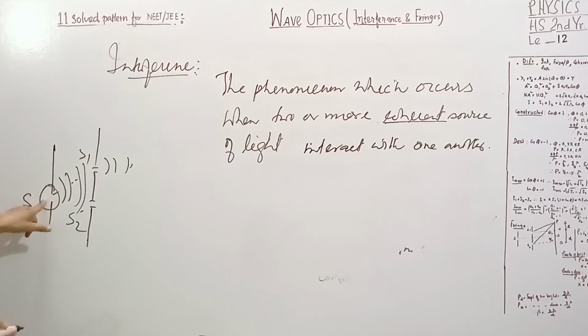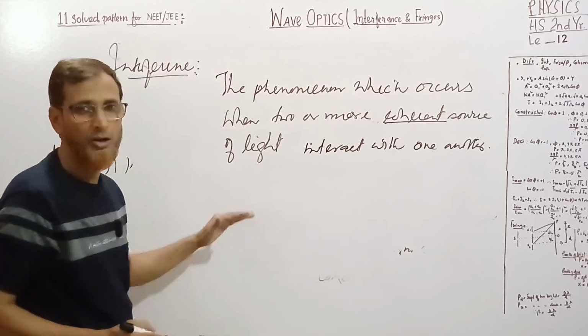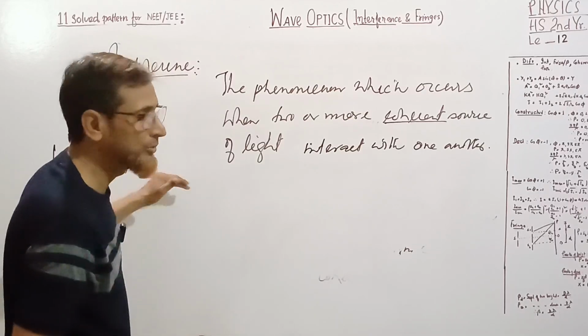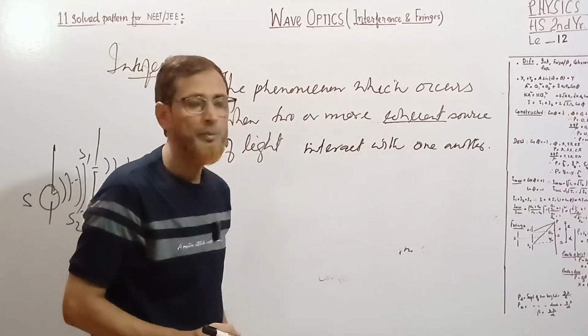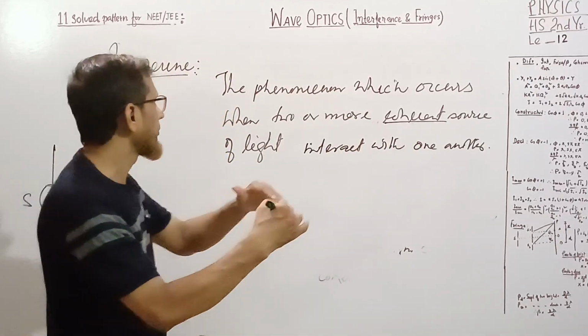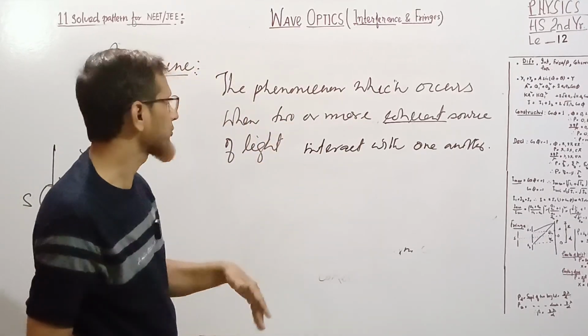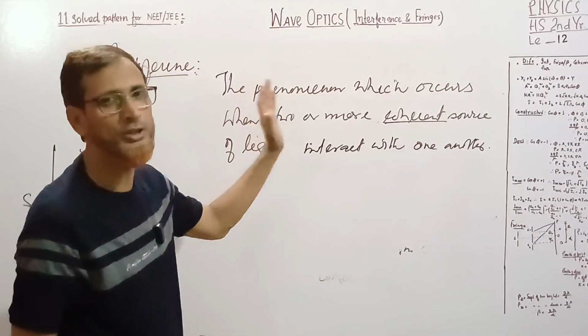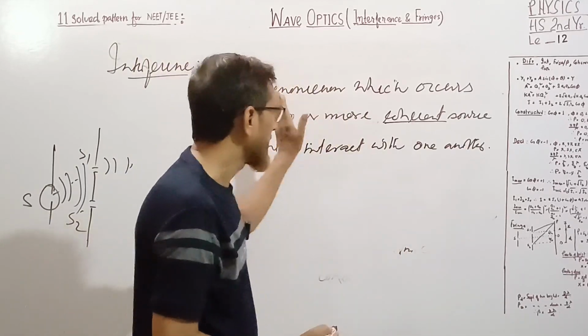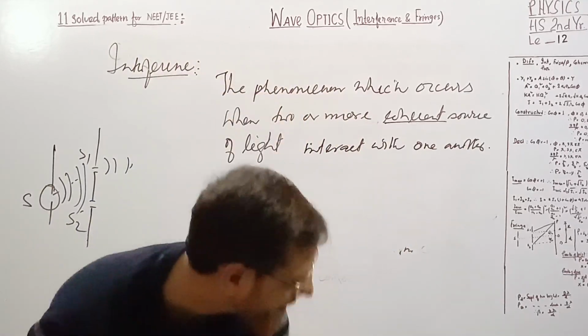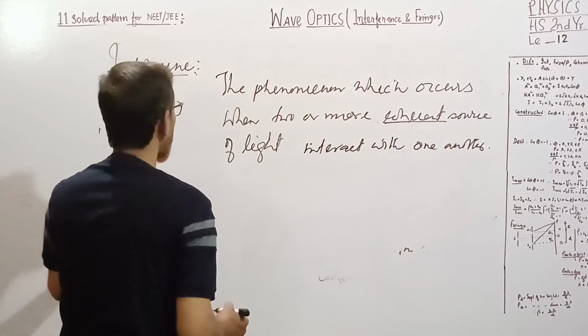Then the source is a single source, and they will interfere during the progress of their propagation. They interact with one another, and this phenomenon of two or more coherent sources interacting is called interference. Now what happens when interference occurs?